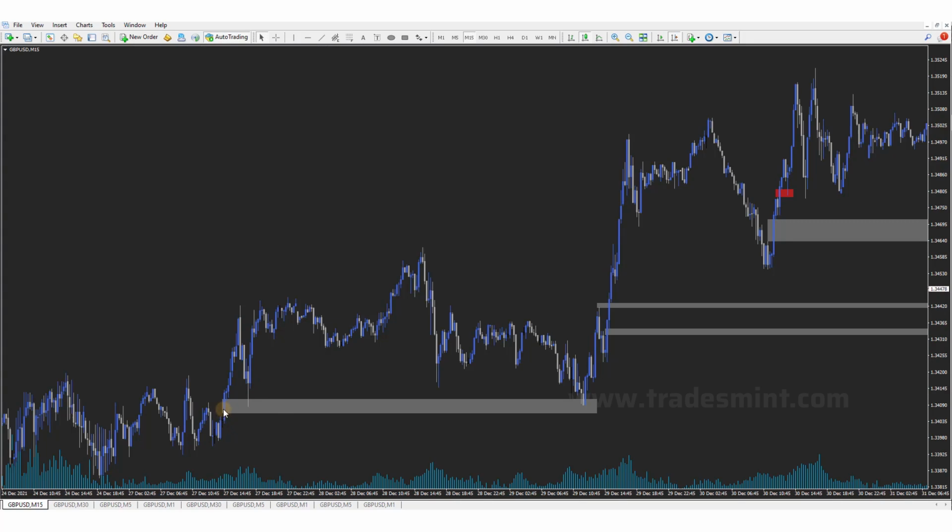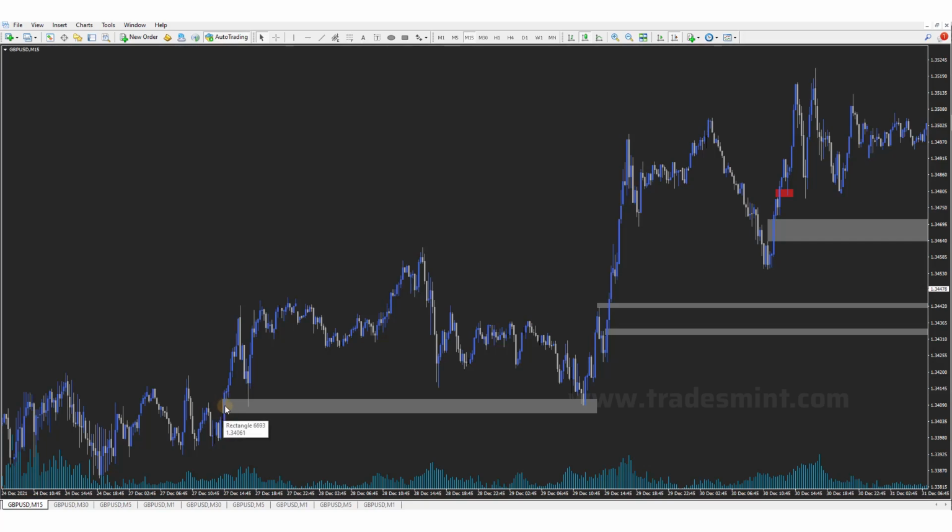So the price came here and broke it. So it could be a very strong, fast move. So any sellers didn't react here. There were only buyers. And I am drawing this from wick to wick, from the previous candle to another one.